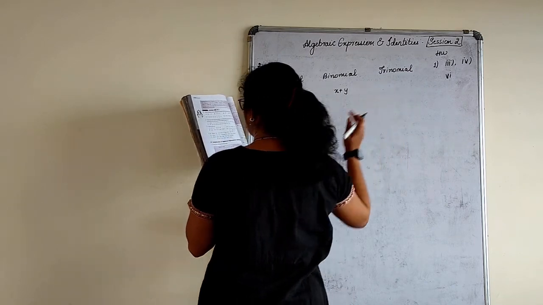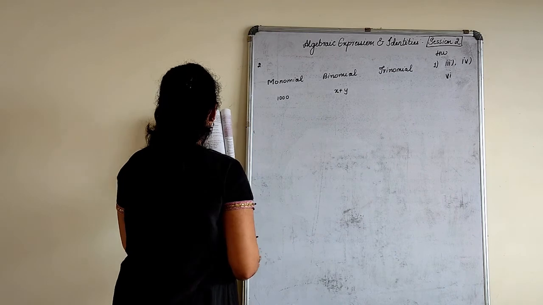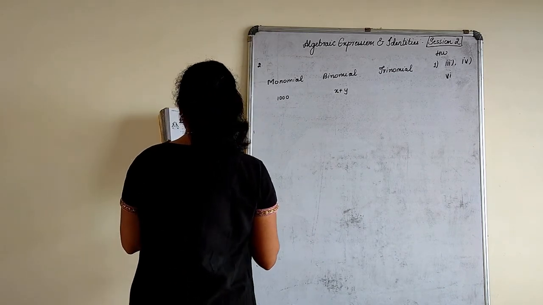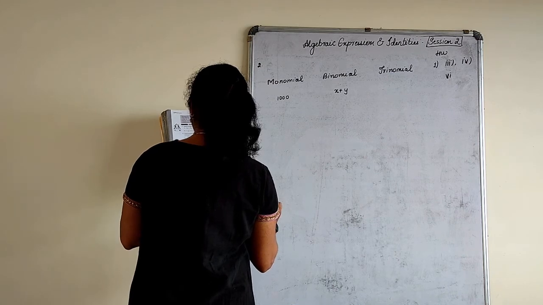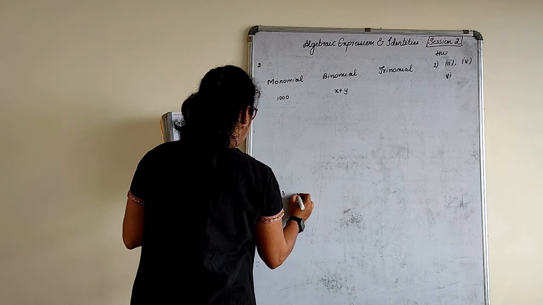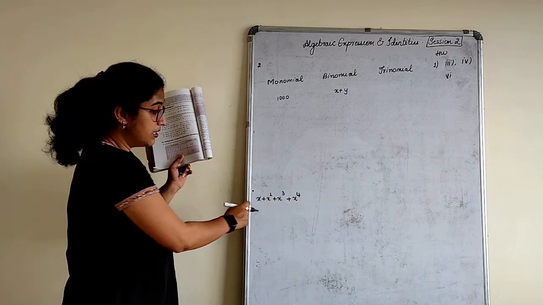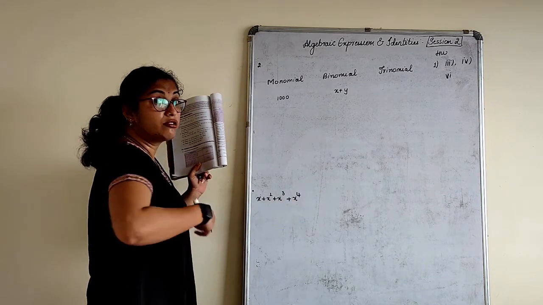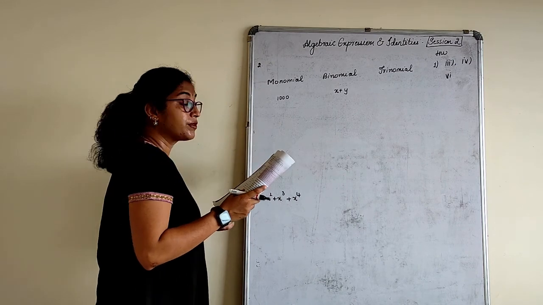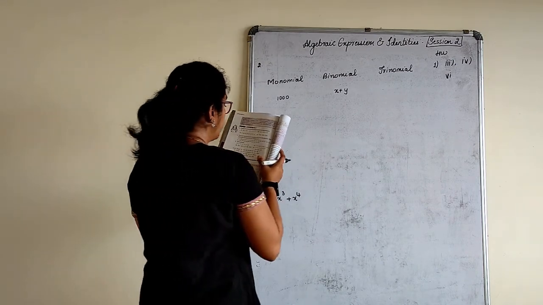There are 4 terms here, x plus x square plus x cube plus x raised to 4. So we'll keep that as it is. We will write the answer later for this. More than 3 terms will come under polynomial, but we don't have a column for polynomial there. We have to only bifurcate it as monomial, binomial and trinomial.